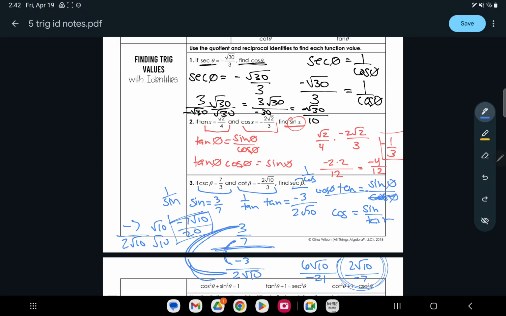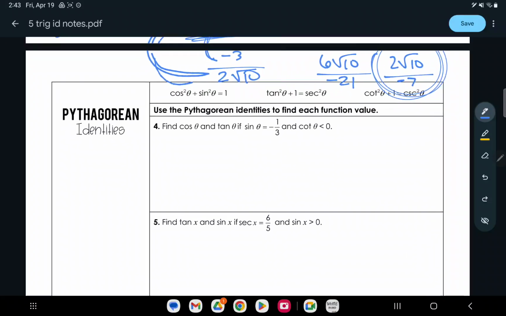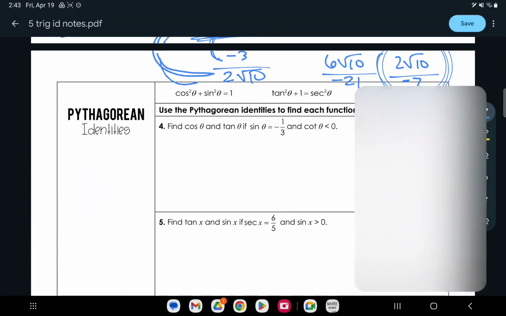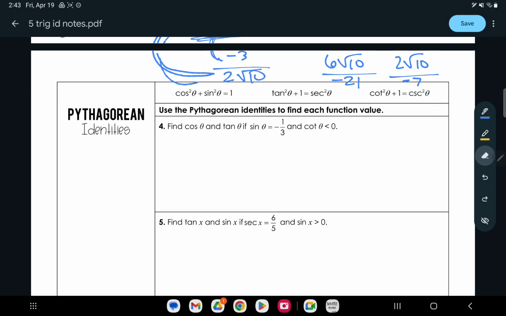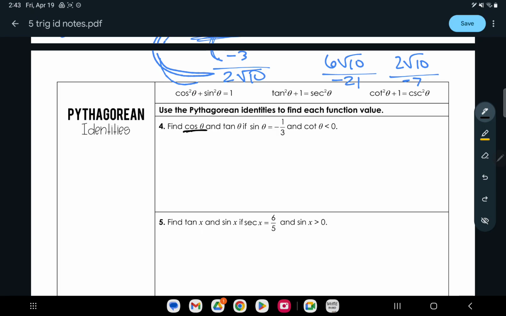All right. I have some Pythagorean identities. Let's see, find cosine and tangent if sine and cotangent are given.